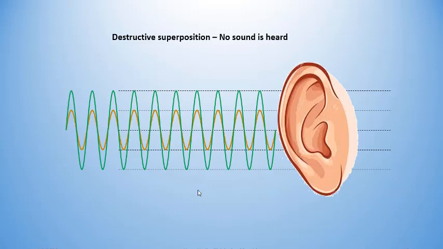Finally, let's see the final things about destructive superposition. If we have these two sources in phase, the resultant is the double amplitude, and the ear hears a sound with double amplitude.